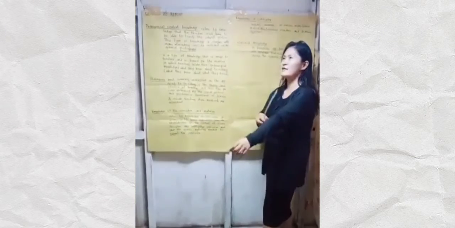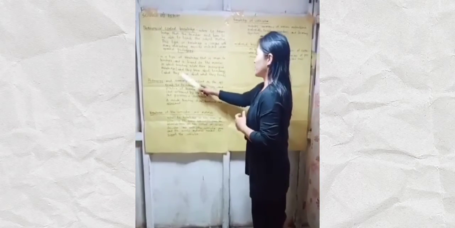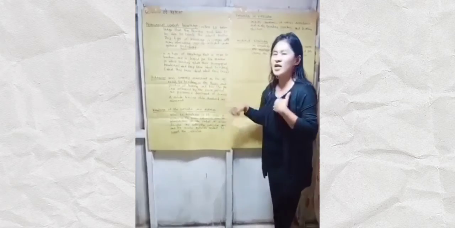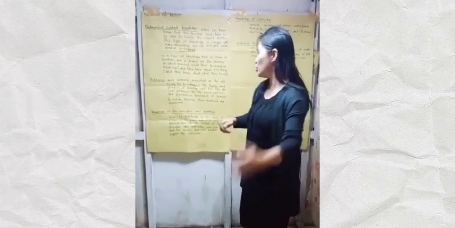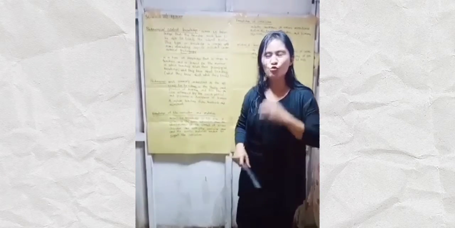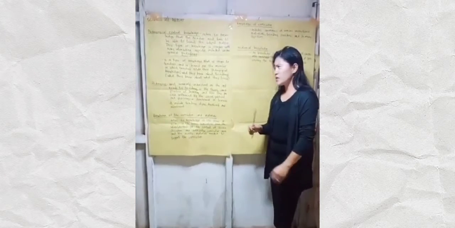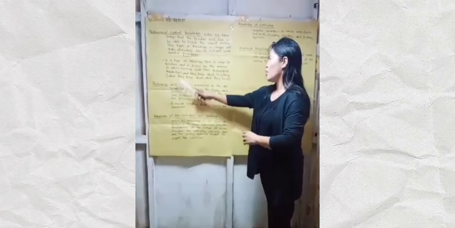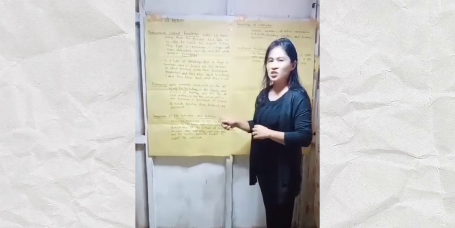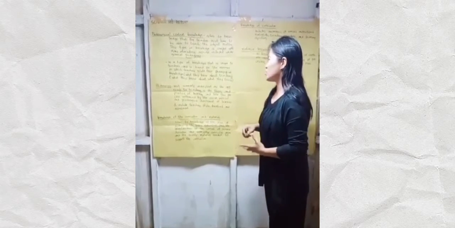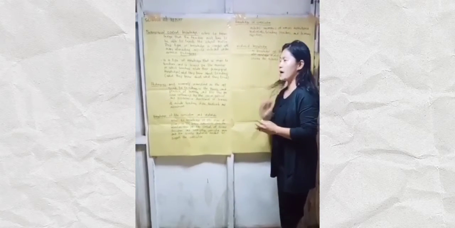So this is the knowledge of the teacher: what they know about teaching, and then what they know about what they teach. What they know about what they teach, that is, what they will teach to the students or to the children.